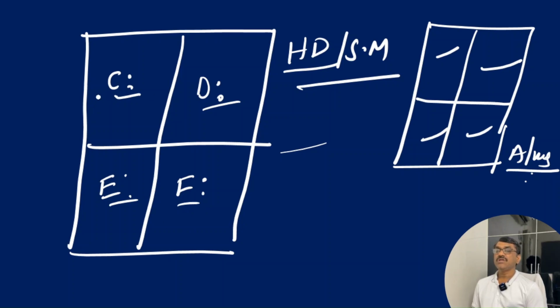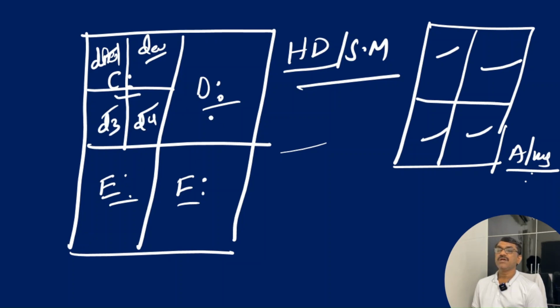Now, assume that the C drive is again divided into four parts: first part, second part, third part, and fourth part. We call them, assume, directory 1, directory 2, directory 3, and directory 4. Similarly, the D drive is also divided into other partitions, assume D1, D2, D3, D4.